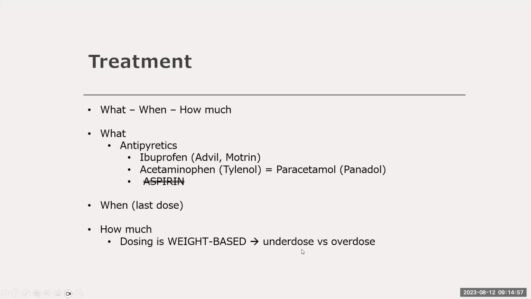Even with that, I would say 50% of patients who showed up in the clinic or in the ED, when I talk about dosing with them, most of them were underdosed. So it's important to make sure that you review the dosing with parents. And the other part that is also very dangerous is overdosing, especially for Tylenol, because it can cause liver damage.